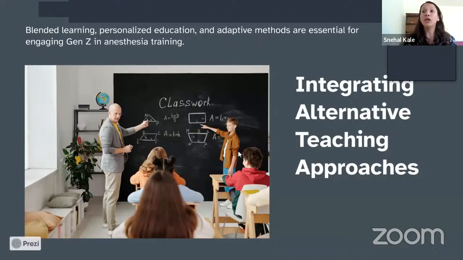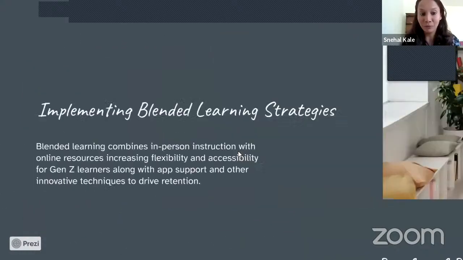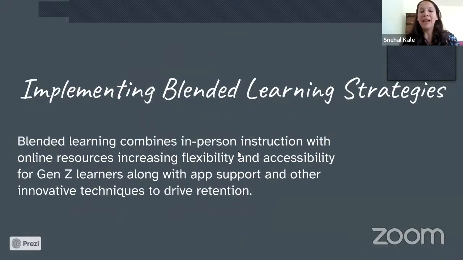You need to now move towards personalizing education and various other adaptive methods. So, blended learning combines in person instruction with online resources, increasing flexibility and accessibility for Generation Z learners, along with app support and other innovative techniques to drive retention.